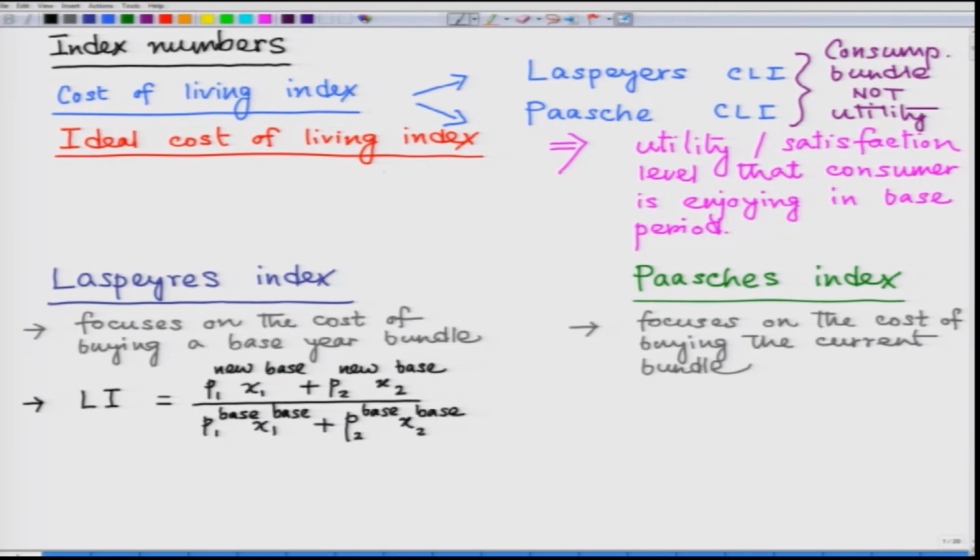So, let us now look at the numerator and denominator separately. Let us first look at the numerator. What does it mean? This is the cost of the old bundle.